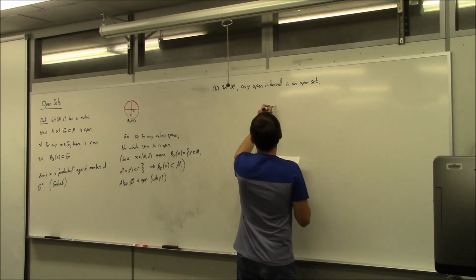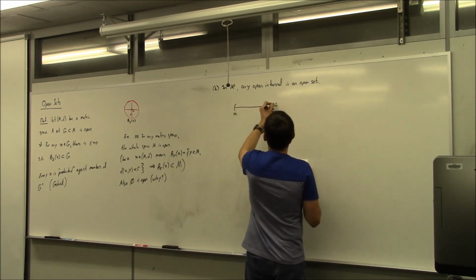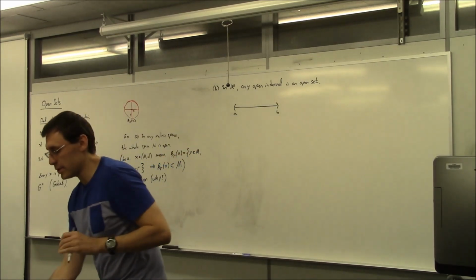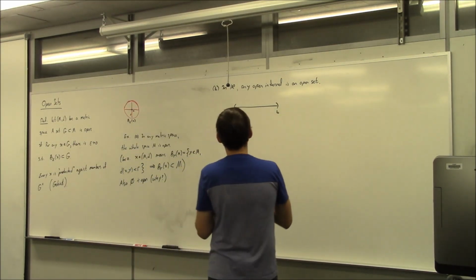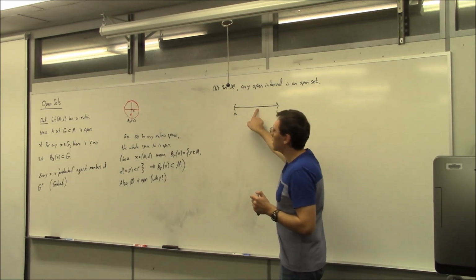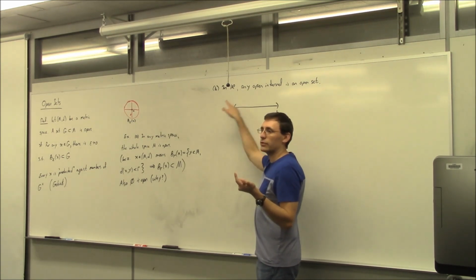So very simply, if you take an interval, this is an interval from a to b. So you understand, when I say an open set, I mean open relative to R. In other words, in R, it's a one-dimensional space. The only places you can be attacked are from the left or from the right.